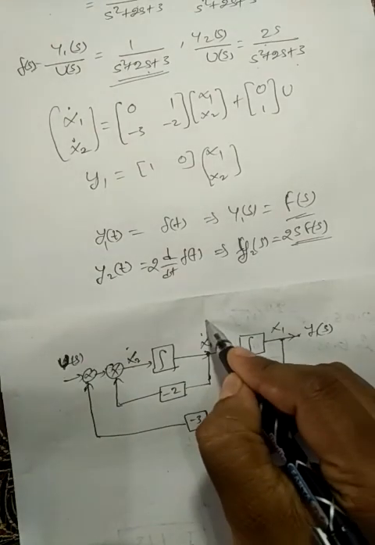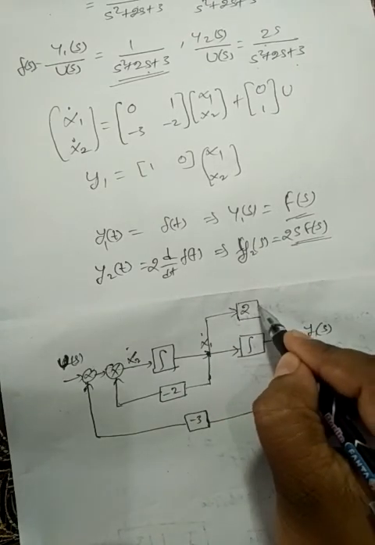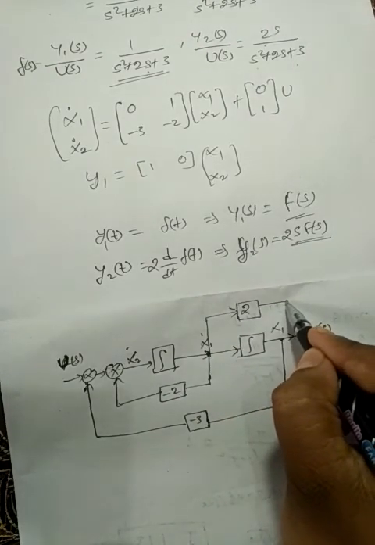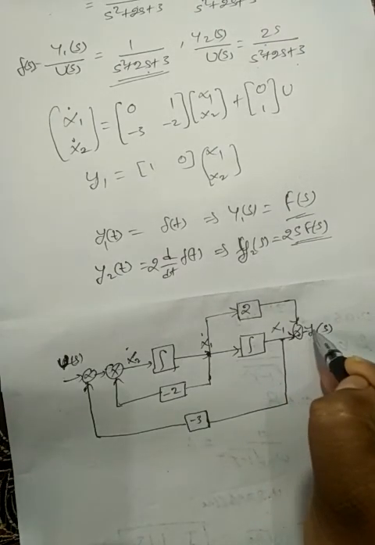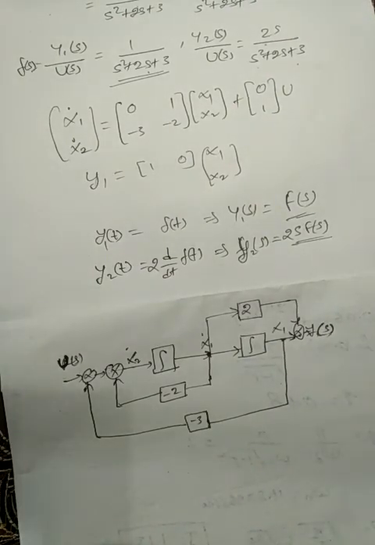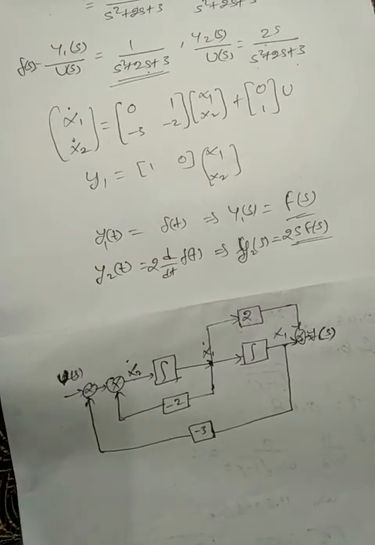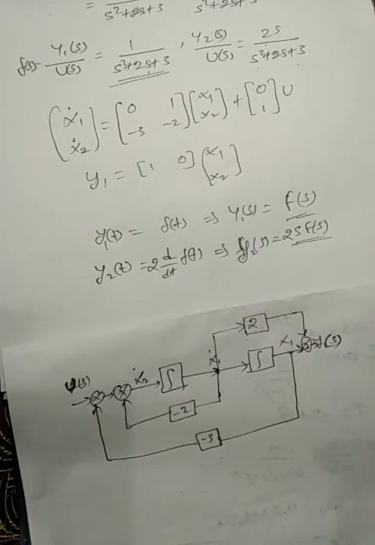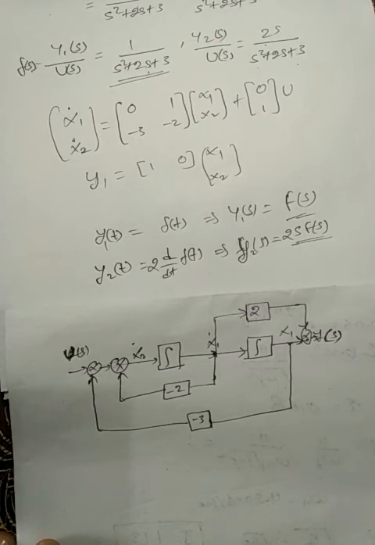And if we multiply this by 2 and add this line here, then we'll finally get our Y(s). Right? This is one way to solve this question, to draw its block diagram.